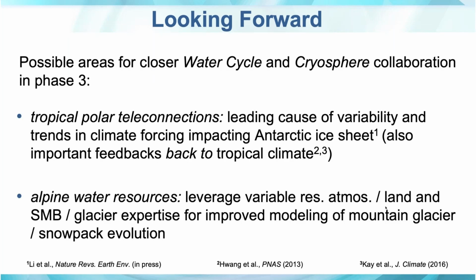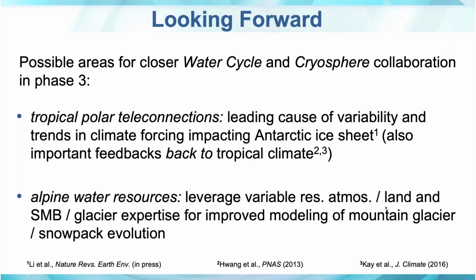A few last comments here. Going forward, I just want to mention some things that we've talked about, maybe some areas for closer collaboration between water cycle and cryosphere during phase 3. There's a lot of interest right now in tropical polar teleconnections, and for the cryosphere campaign, this is really important.